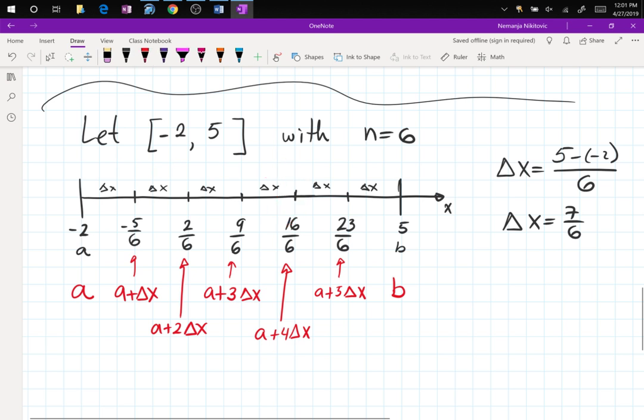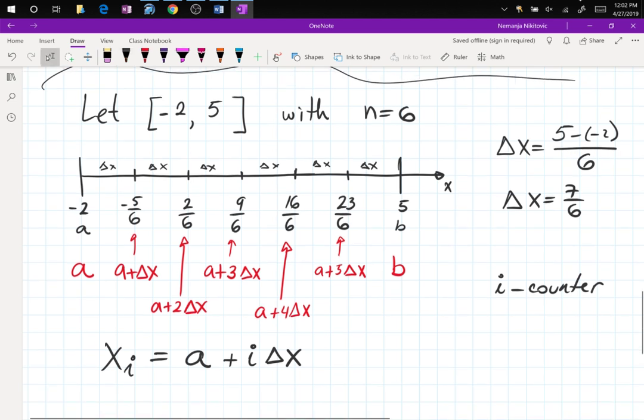So now, I have a formula to locate xn. We'll call it xi. I is the counter. xi equals A plus I delta x.